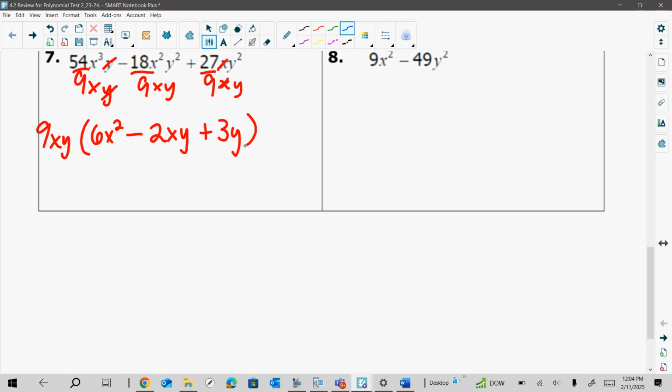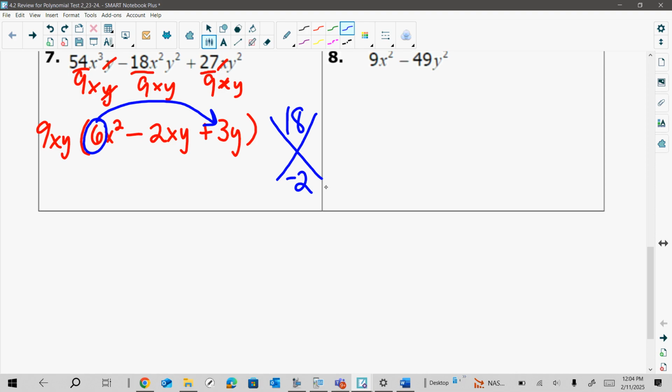So now we have 3 terms and there is a coefficient. So I'm trying to see, can I factor this more? So I'm taking the first term multiplied to the last, that's 18. So I'm looking at factors of 18 with the sum of a -2. Is that possible?